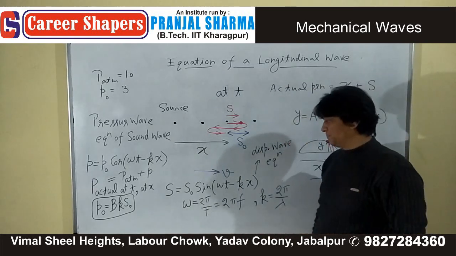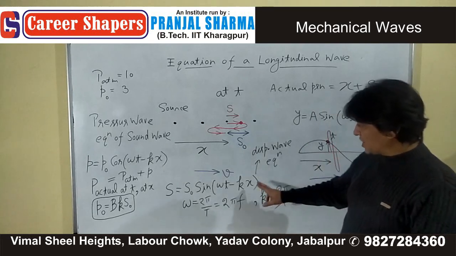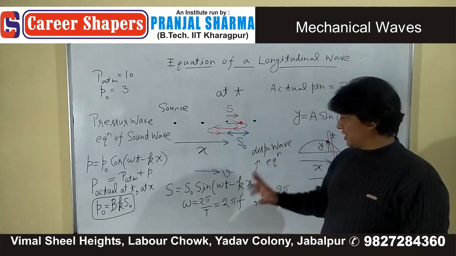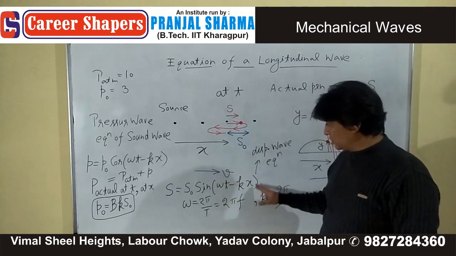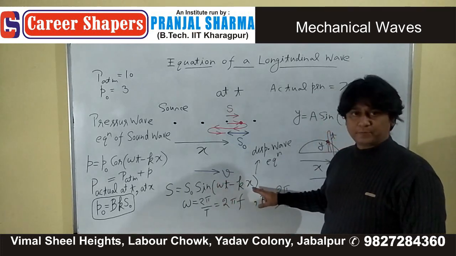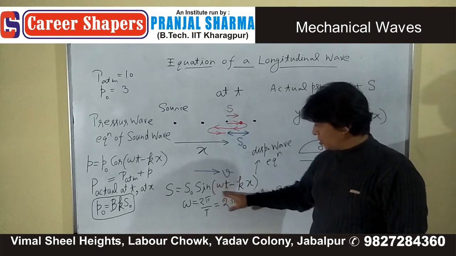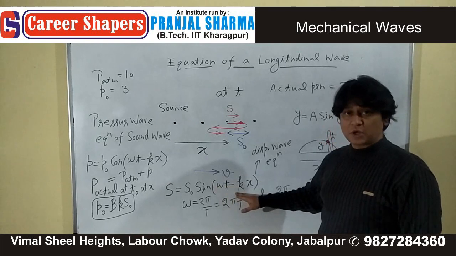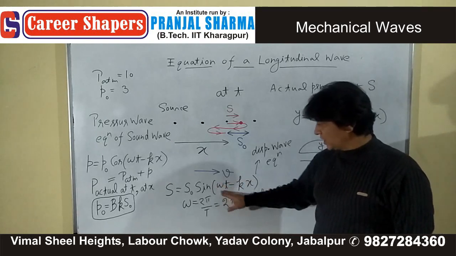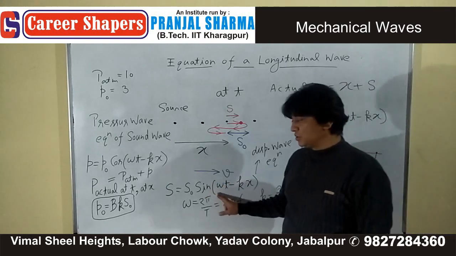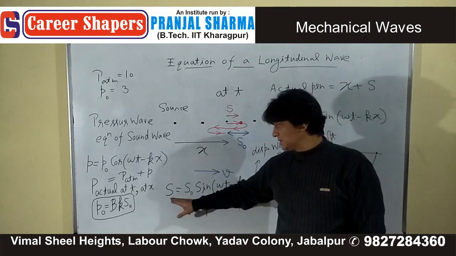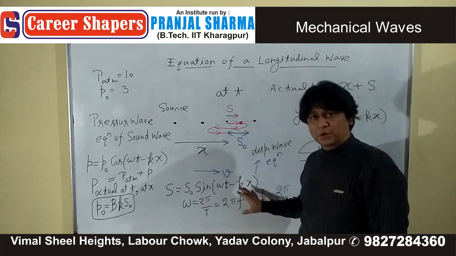Which means, suppose for a given x, you found that this whole part, omega t minus kx, is coming 0. Then sine 0 is 0, so S is becoming 0.